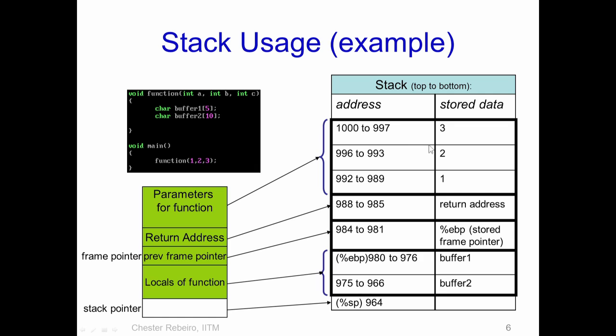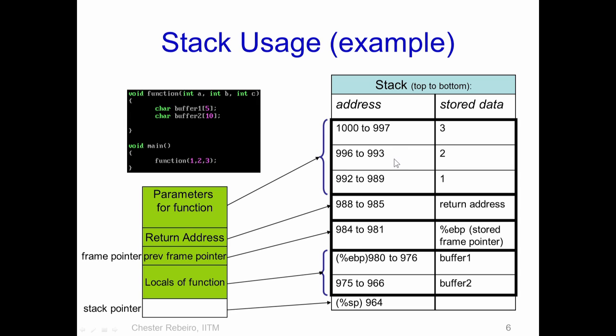So, we note that each of these parameters, since they are defined as integer in this function, are given 4 bytes. So, the integer a which is passed to the function would start at the address location 997 and from there be 4 bytes: 997, 998, 999 and 1000.